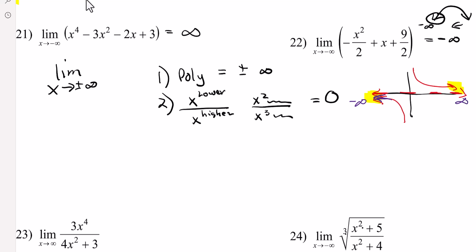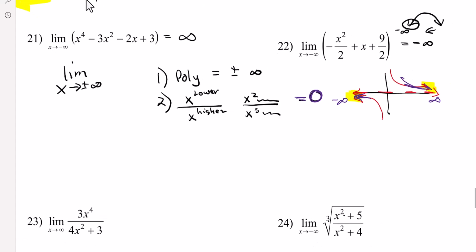If we're headed towards positive infinity, that height can only approach 0 and not pass it. But the rule is, if the degree in the numerator is lower than the degree in the denominator, you're going to be approaching 0.